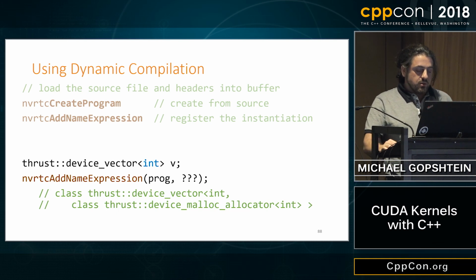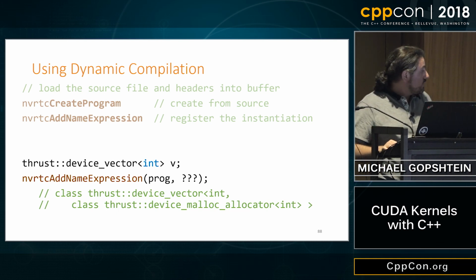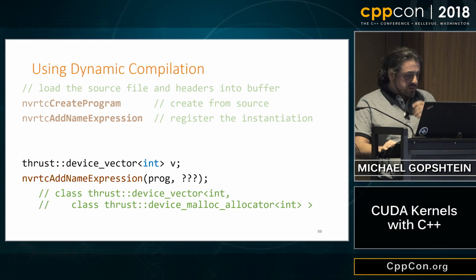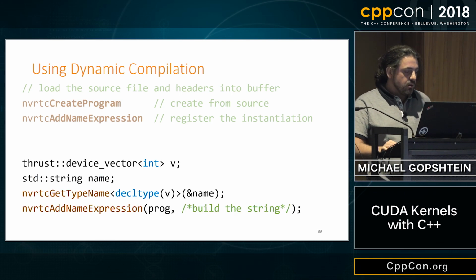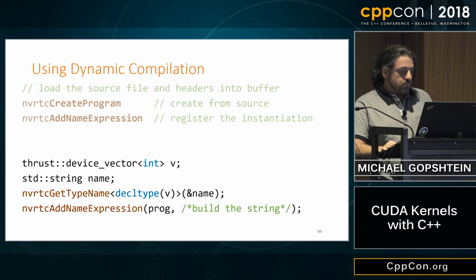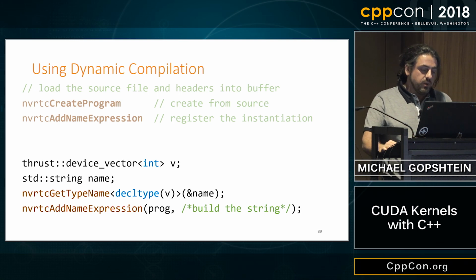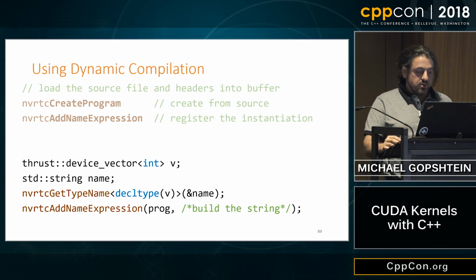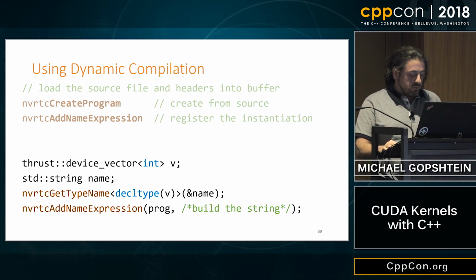So the string that we have to build is the one below, and there are some even more complicated cases. So to help us, we can use a function getTypeName, which is templated by the type which you want to add to a function expression, and it builds the name for us. So we can use it to build the template instantiation name as is needed for our use case.